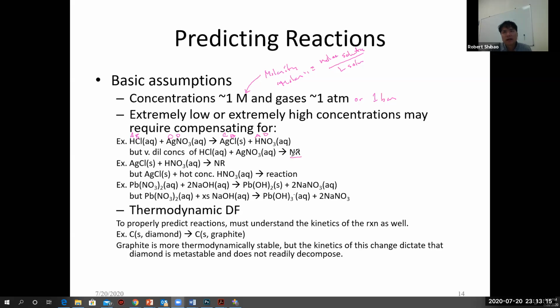There could be no reaction, even though we have HCl and silver nitrate present. If the concentrations are very low, we might not detect any reaction at all, because there might not be any reaction at very low concentrations. Here, under normal conditions, silver chloride and nitric acid, we expect no reaction. But if we use hot concentrated nitric acid, then a reaction occurs.